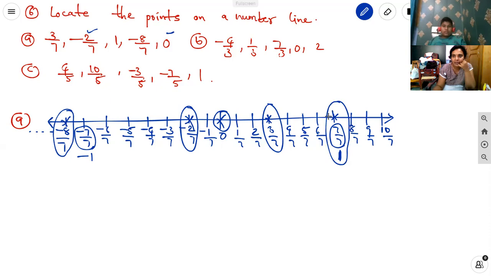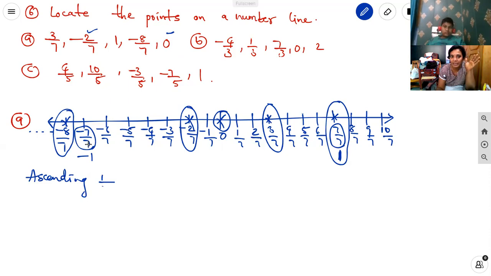If they are not asking for ascending or descending order, but asking to show or locate on the number line, we just place them. If they are asking to write in ascending or descending order, ascending order means small to big. Left to right, numbers go from small to big.